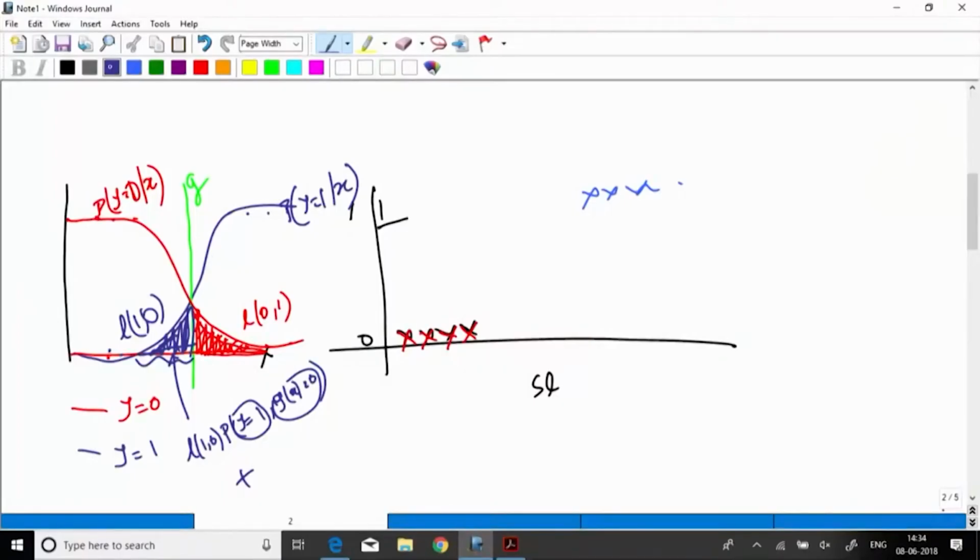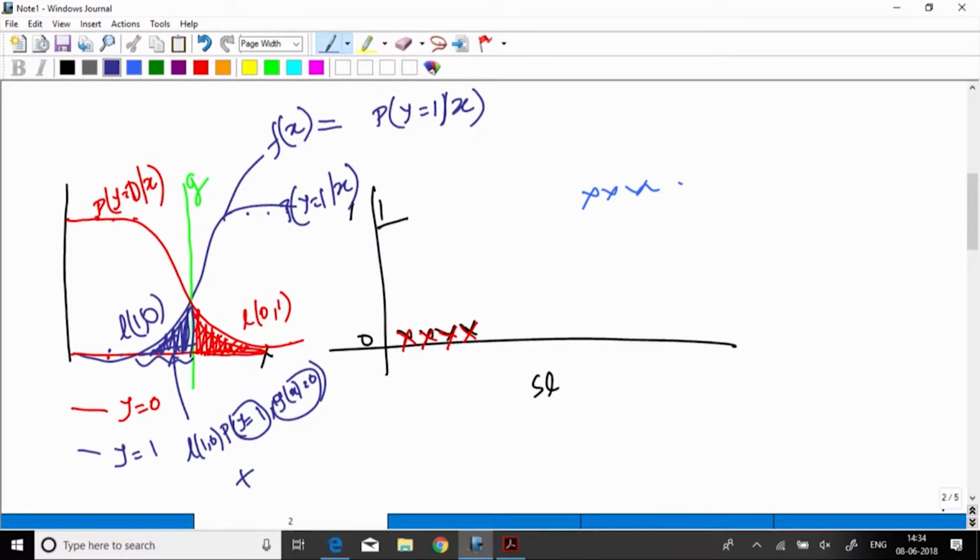So again, some probability. If we can learn a function which gives the output of these curves, one of these curves which I have already drawn, if this curve is our f(x), so this curve is the probability of y equal to 1 given x.